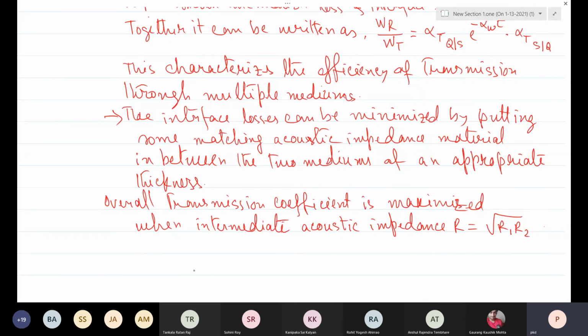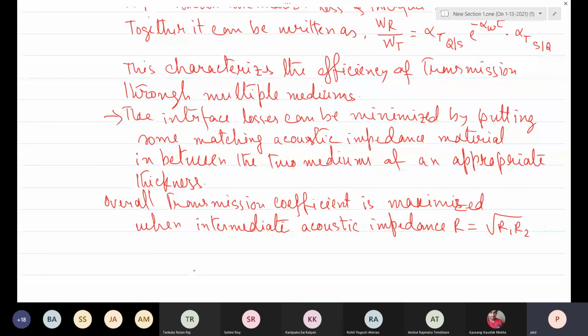So there also we can have matching impedance at square root of Z1 Z2 in case of RF transmission. And for acoustics also we have that same relation. The acoustic impedance of the intermediate medium R, for which transmission is maximized, is R equal to square root of R1 R2.